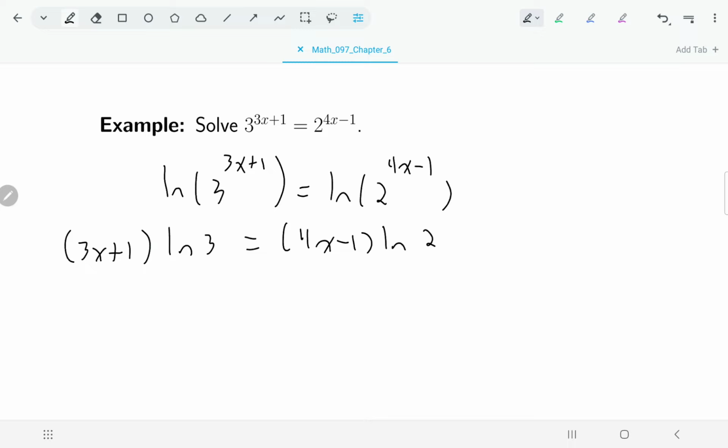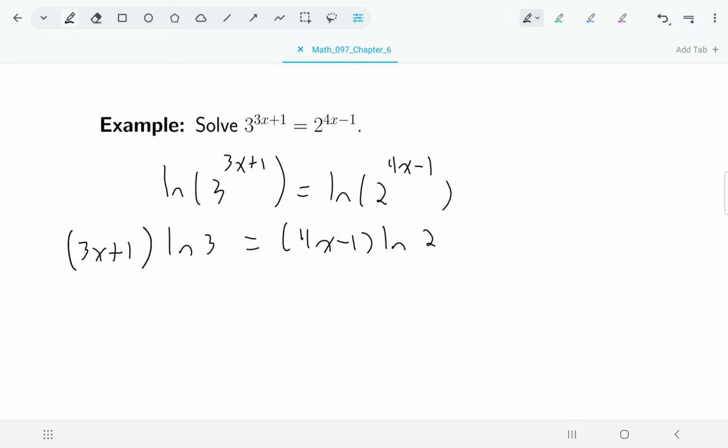That's really important, because if I had just brought my power down and said 3x plus 1 natural log of 3, it would look like only the 1 and the natural log of 3 are being multiplied. And that's, of course, not true. The entire power needs to be multiplied by that natural log of 3, which is why I need brackets around it. Same thing for that 4x minus 1. I need brackets around it as well, because all of that needs to be multiplied by that natural log of 2.